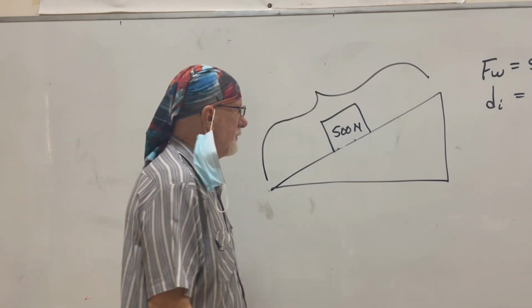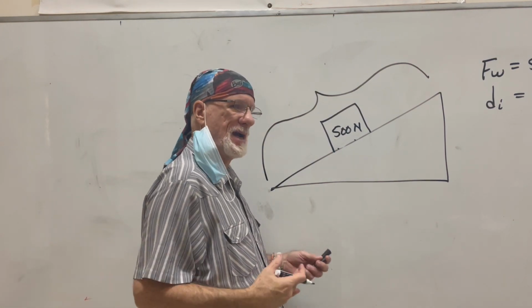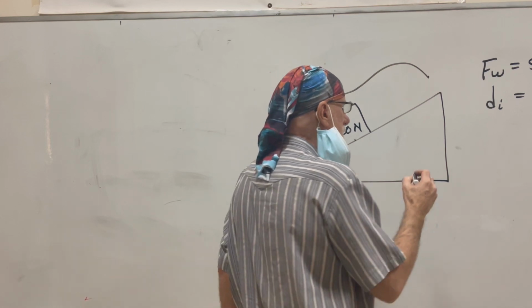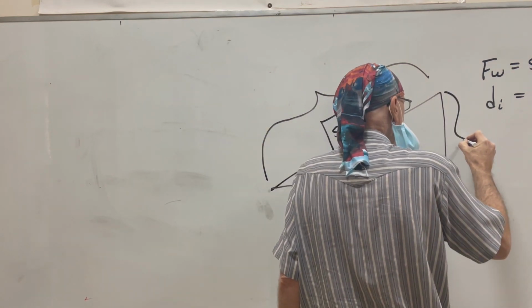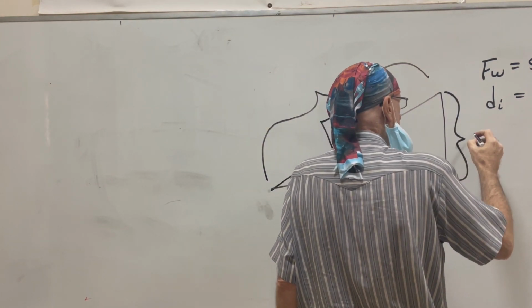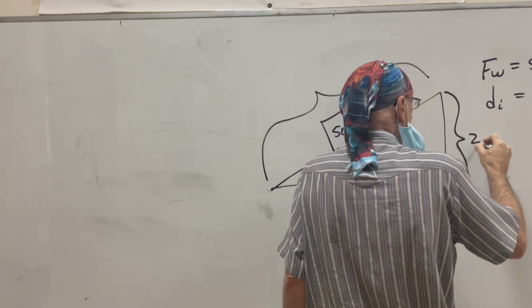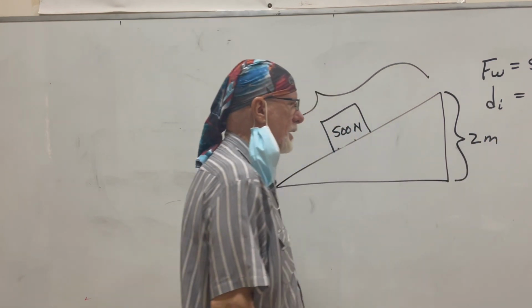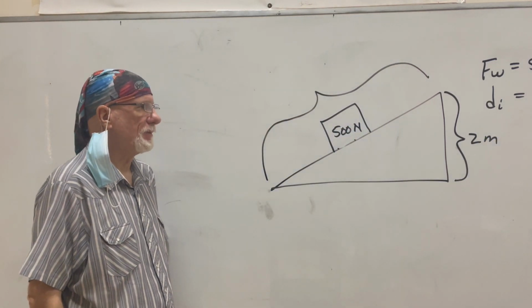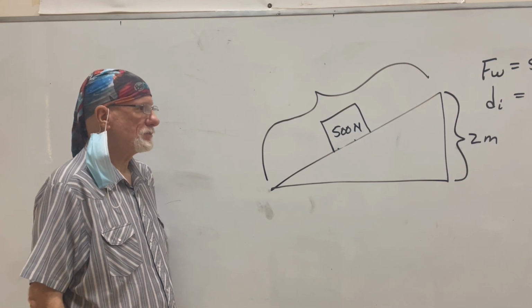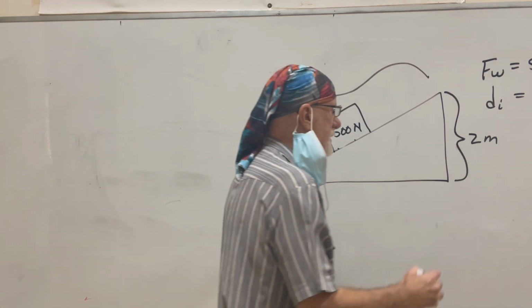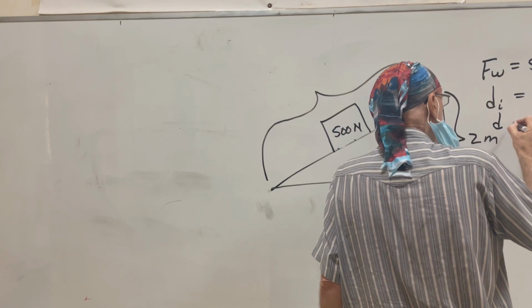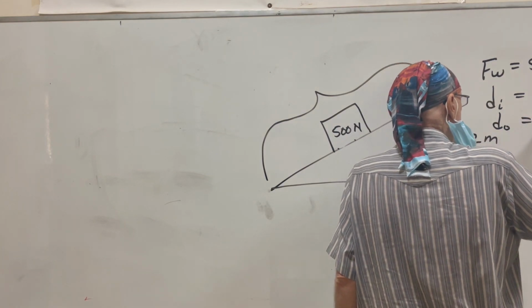We'll say that this is not necessarily drawn to scale, and we'll say that this is going to be 2 meters, okay? Not necessarily drawn to scale. All right, now, so we could say the DO now is going to be 2 meters.